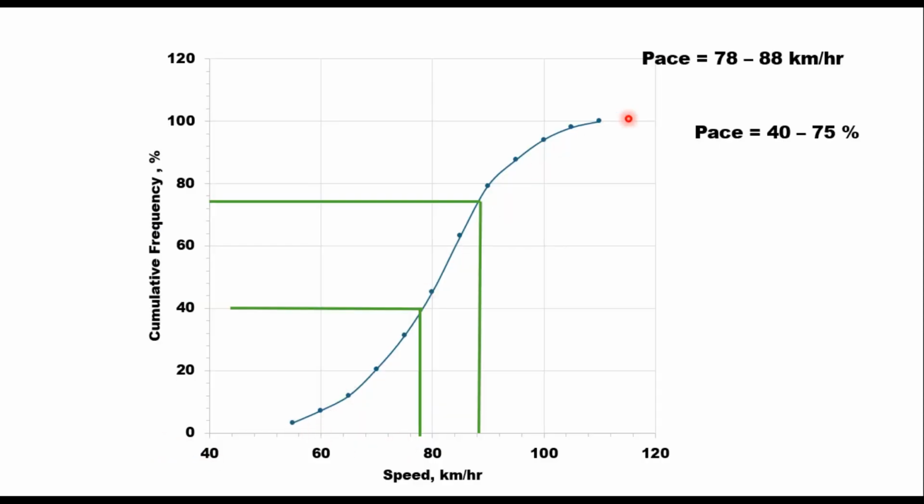This blue one, S-type curve, ogive curve. Now pace is 78 to 88, so corresponding to 78 km per hour, you can find the percentage, that is 40. Corresponding to 88 km per hour, the percentage is 75. So 40 to 75% is the pace of the speed data.